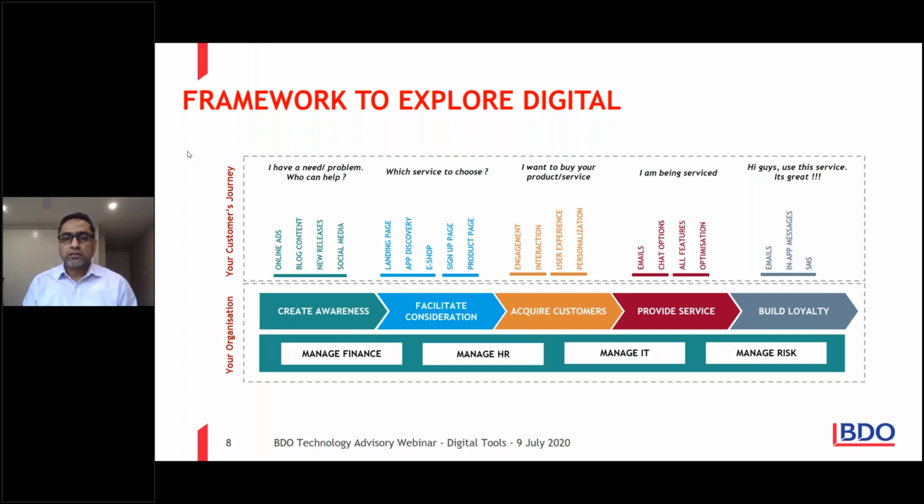Then once you've acquired the customer, it gets into providing the services. It's around the concept of I'm being serviced, and that's where email, chats, features around products, and optimizing some of that interaction with the customer becomes critical. And then the last one, which is equally important in today's digital age, is around building loyalty.